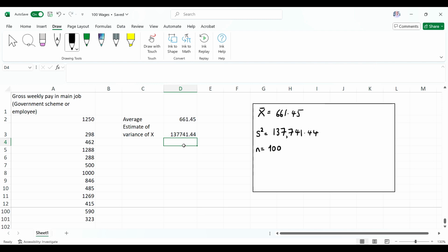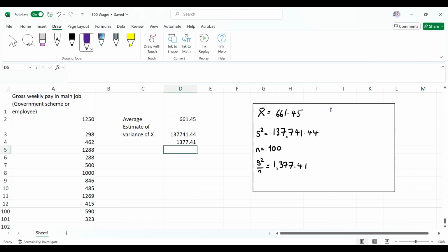So we can write equals, select the estimated variance of x, divide through by the number of observations, and that gives us an estimated variance of the sample mean equal to 1,377.41.